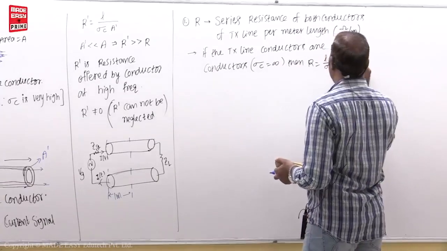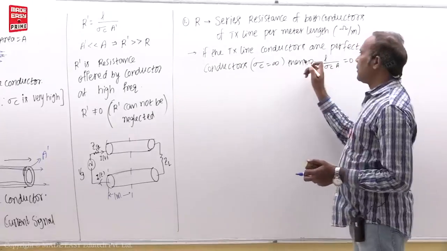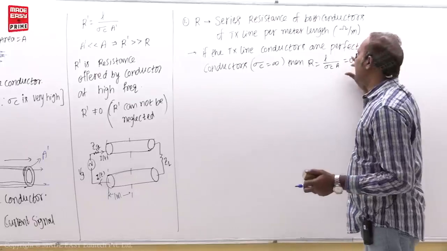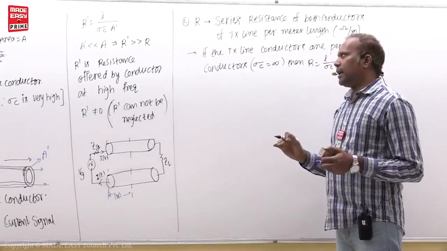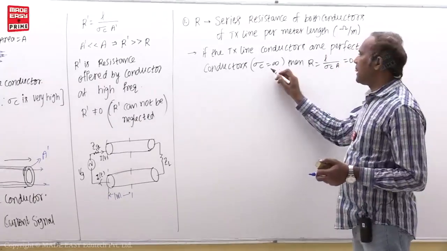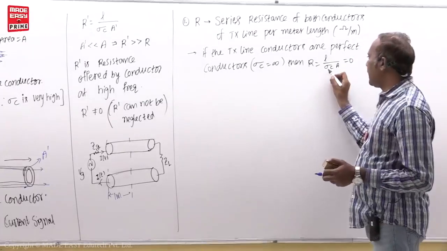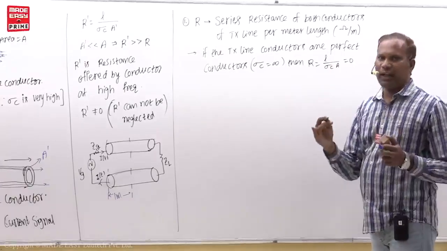So if this is infinity, then you get 0, resistance 0. But dear students, this is only theoretical discussion. You can never get a perfect conductor. So that is not a useful discussion. Then as an engineer, you can select the best conductor. For the best conductor, sigma c is not infinite, but very, very high. So the denominator is very high, and then resistance not 0, but very less you get.